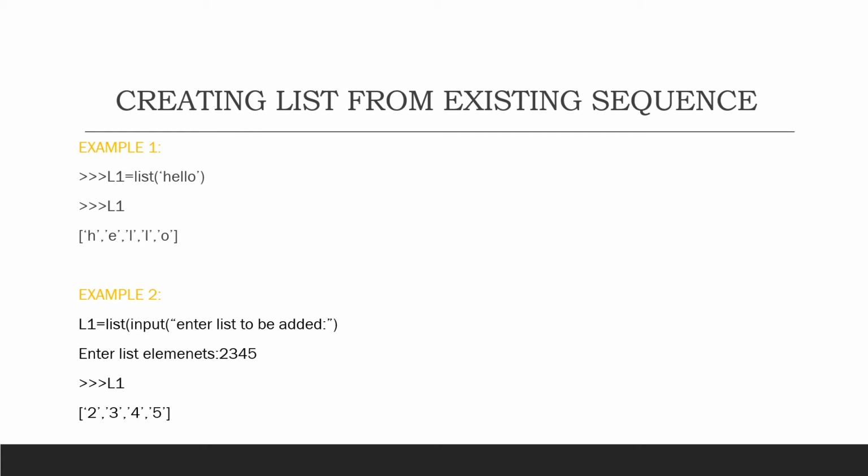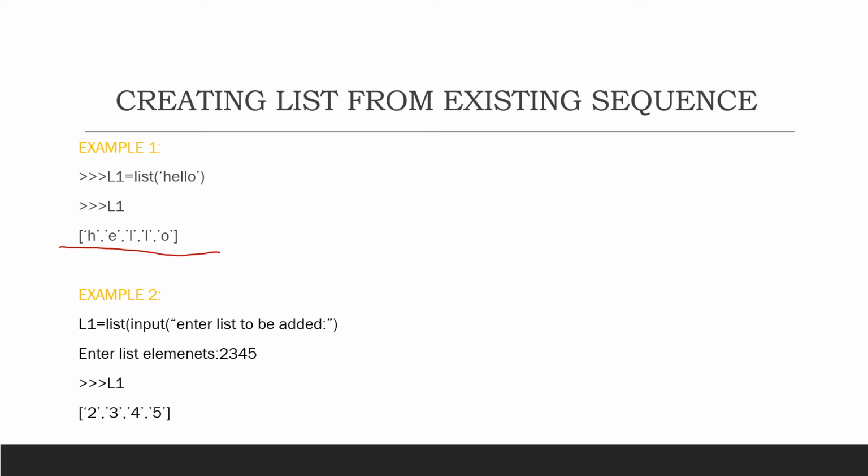Let's see example 1. L1 is equal to list hello. They are asking to print this hello as a list, so it will print in this form, as you see over here.